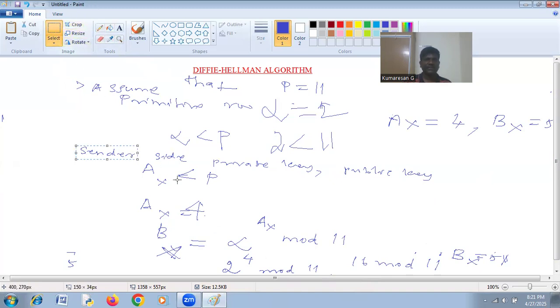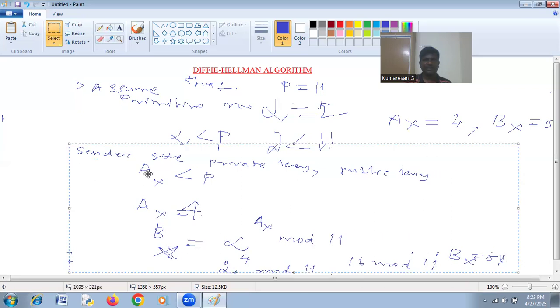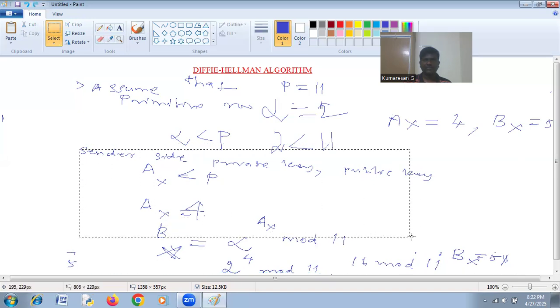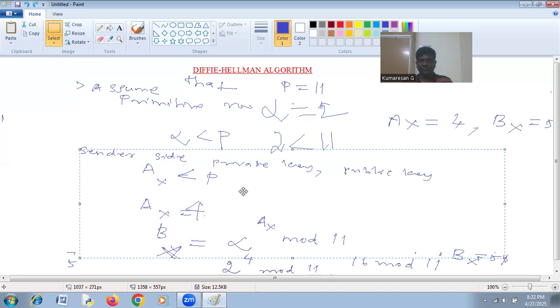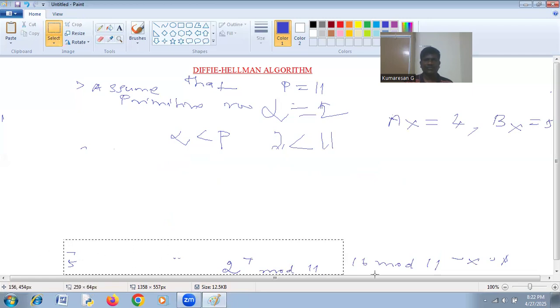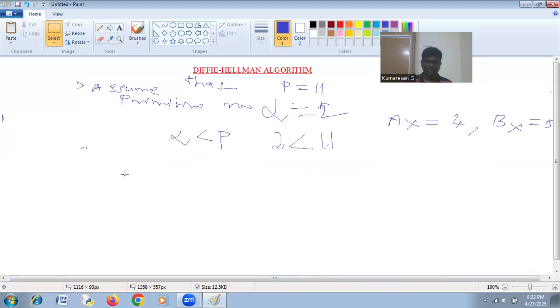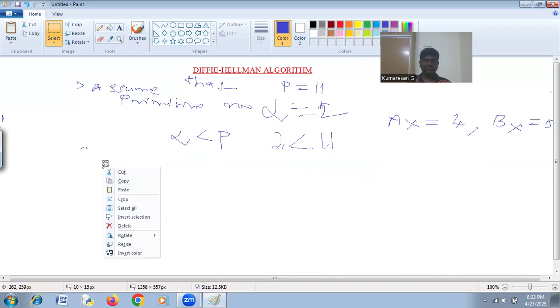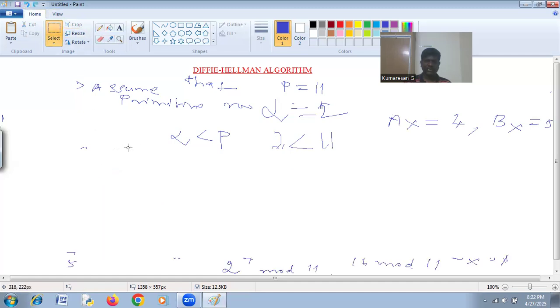How do we calculate them? For the receiver side, user Y, assume the private key is 3. Then we need to calculate the public key of the receiver side.